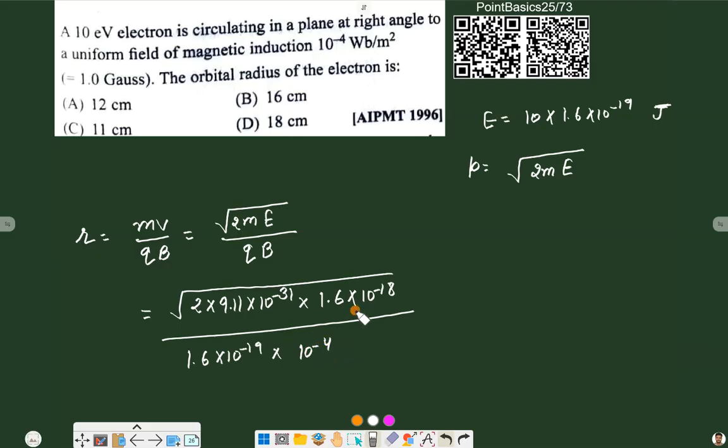Now solving this, what will we get? We will get 10.67 into 10 raised to power minus 2 meter, and that is 11 centimeter. So option C will be the right answer here.